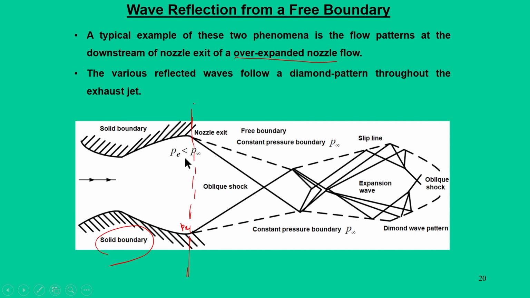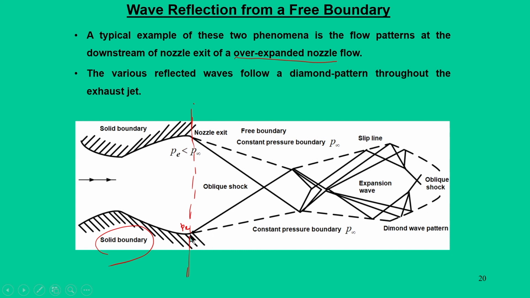But when the flow comes out, the streamline sees a constant pressure boundary, which refers to P infinity. Now, in a situation when Pe is less than P infinity, what is going to happen? It sees the continuous constant pressure boundary, as you can see here, the dotted line. And this particular shape is always followed.